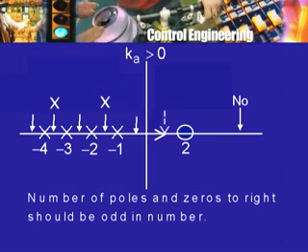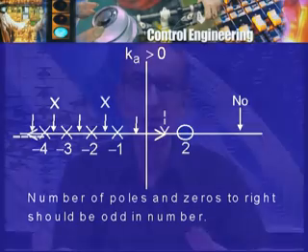A third branch of the root locus is this one. It will start at minus 4 and it will go to infinity as k increases, and so that is the asymptote. Here we have 3 poles and 2 zeros. 3 is greater than 2, so there will be 3 branches of the root locus. All the 3 of them will start at the 3 poles, one at each pole.